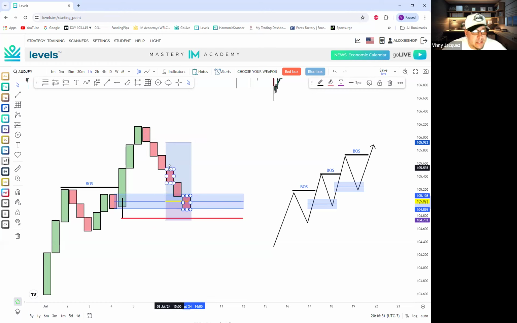So this is the easy way to go about it, guys, right? As soon as market gets into your starting point, this whole blue zone is a buy zone, a buy opportunity zone, right? So that's where you want to buy. That's where you want to take your trade opportunity. You know where your stop loss goes. As soon as you're in the trade, guys, there's nothing much you can do. You did your job, right?